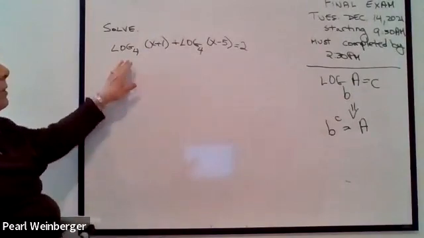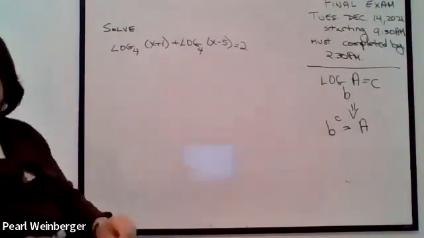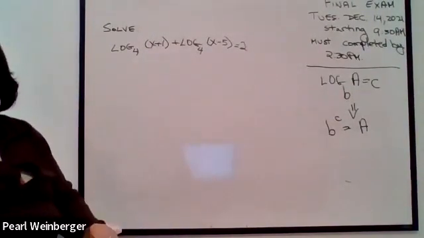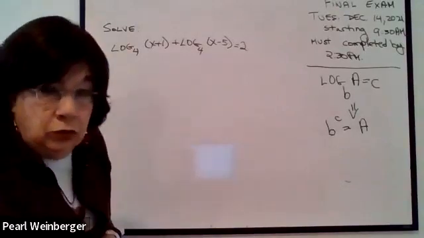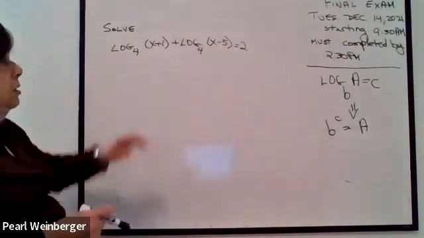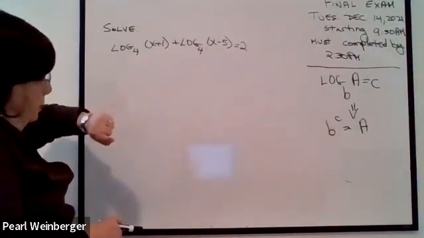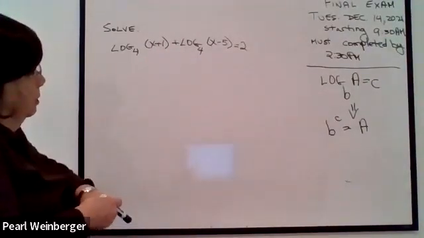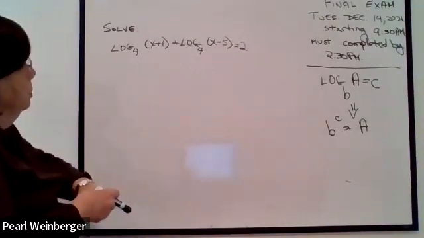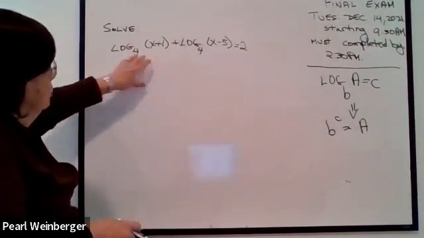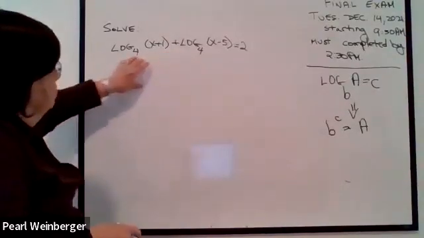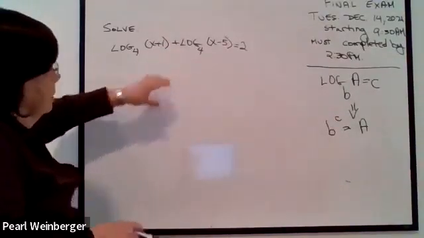The only problem here is that we have more than one log on a side. So in order to first transfer it into exponential format, we're going to have to contract this back to a single log.